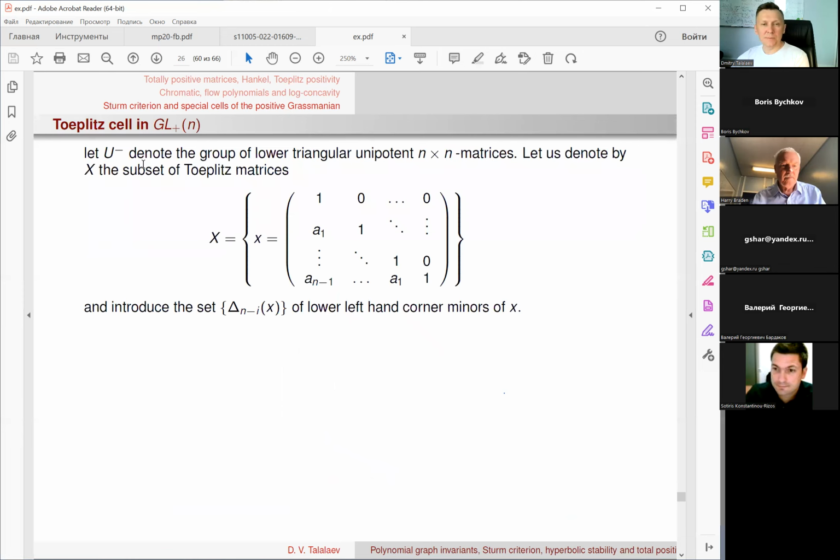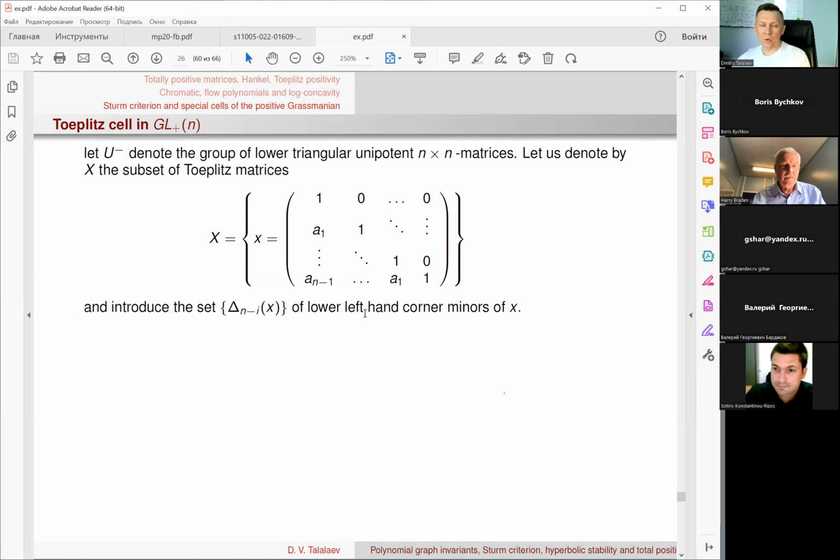So let us consider the group of lower triangular unipotent n by n matrices. In this group, we can consider the subset of Toeplitz matrices of this type. They are related, obviously, with the problems of characterization of stable hyperbolic polynomials, as at the beginning of my talk. One can introduce the following coordinates on this space.